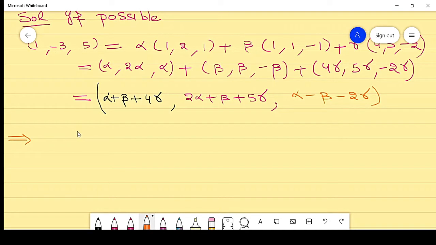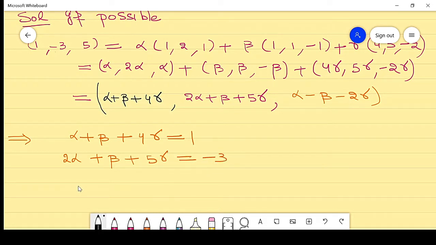These are alpha plus beta plus 4 gamma equal to 1, 2 alpha plus beta plus 5 gamma equal to minus 3, and alpha minus beta minus 2 gamma equal to 5. So these are equation number 1, equation number 2, equation number 3.